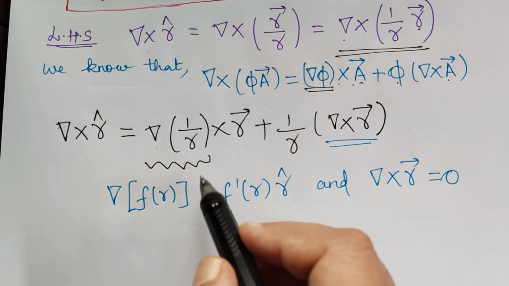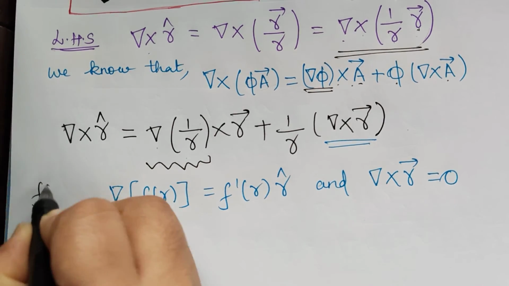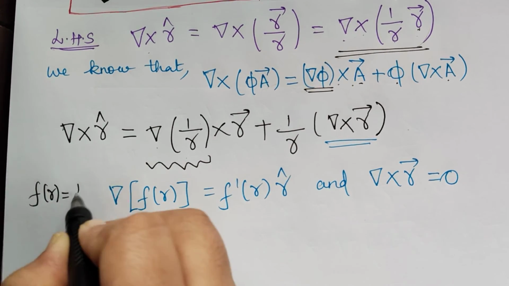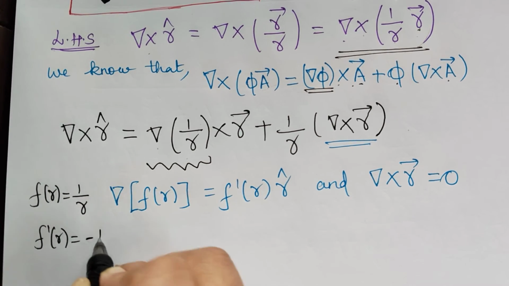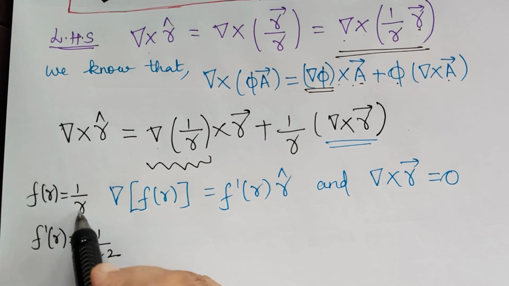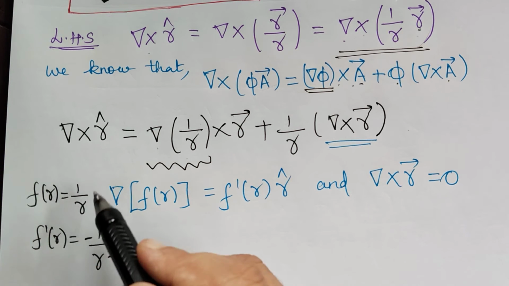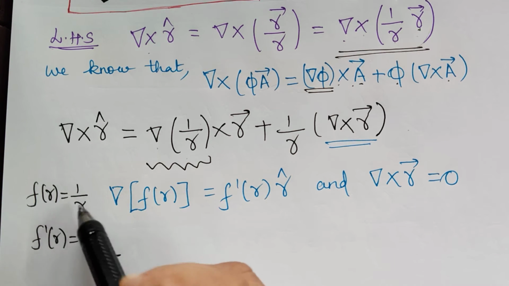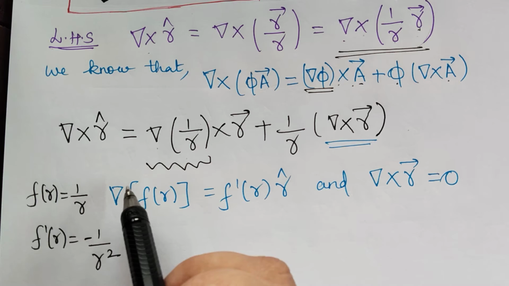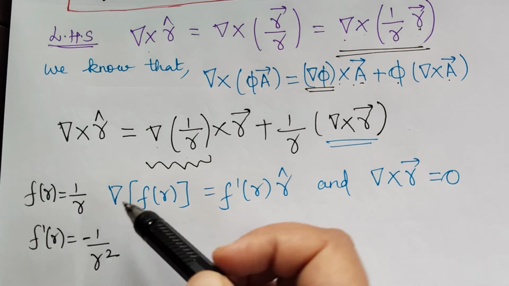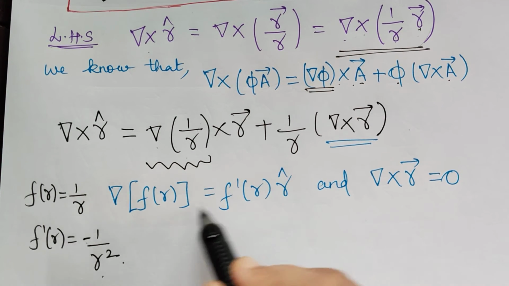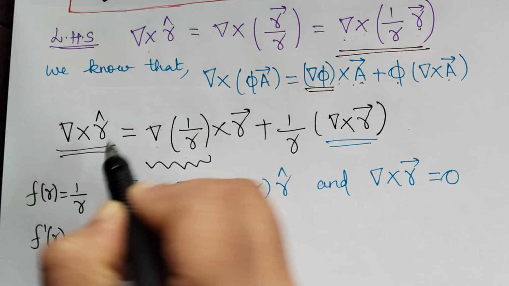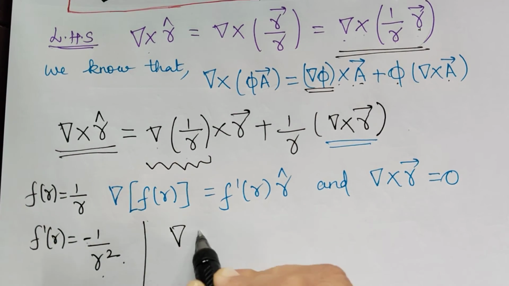If you compare with this, we see that f(r) is equal to 1/r. So what will be f'(r)? It will be minus 1/r², because this is like r to the power minus 1. When you differentiate, you get minus 1 times r to the power minus 2. When bringing it to the denominator, you get minus 1 by r². So we have to apply this over here. So what will happen to ∇ × r cap?